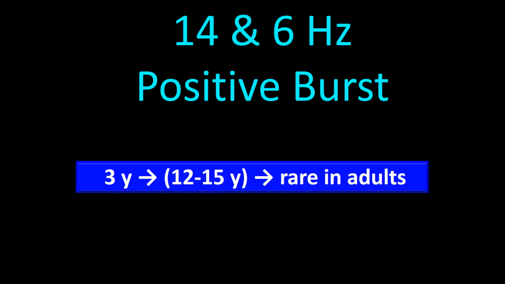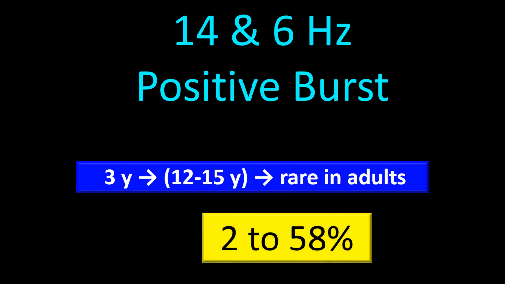They are maximal between 12 and 15 years of age and are rare in adults. They have been reported to be present in 2% in some series and in 58% in other series.